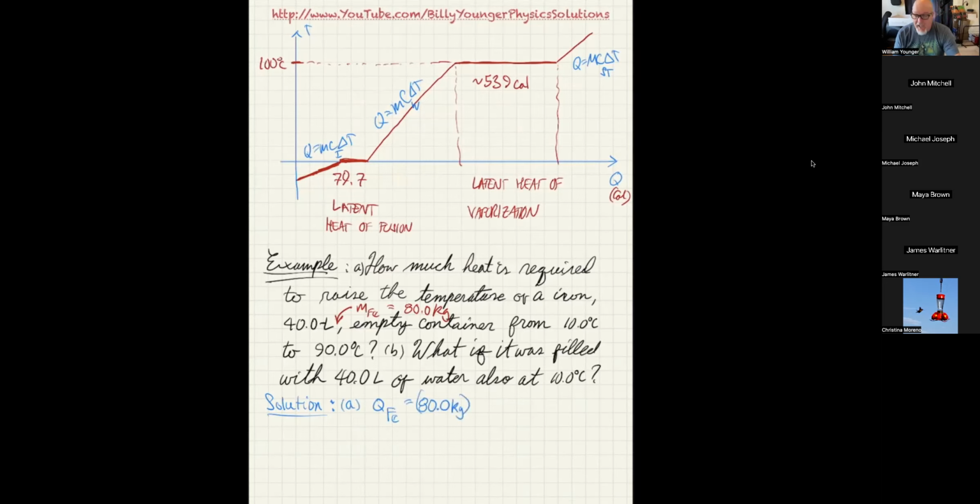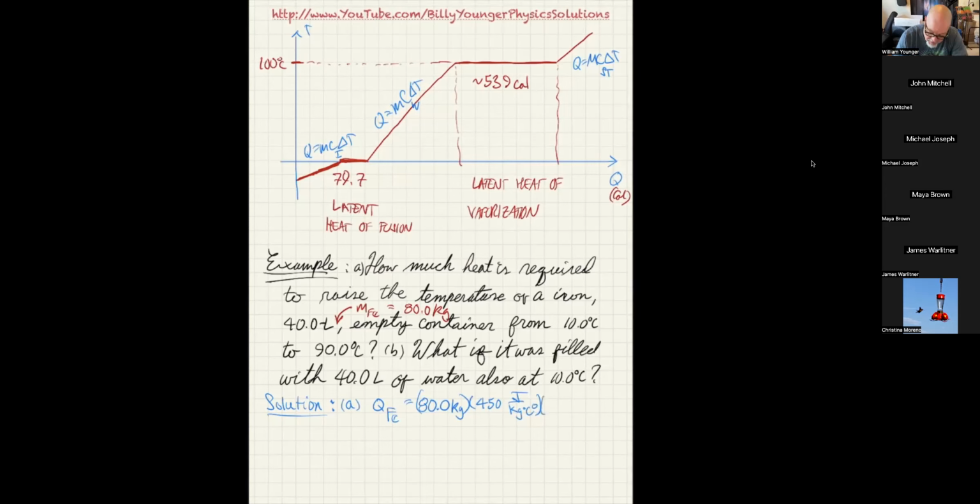Now, what I happen to know is that the actual specific heat of iron is 450 joules per kilogram Celsius degree. I would have to give you that if we're doing the problem on a test. I just happen to know it off the top of my head because I've worked a problem like it recently.